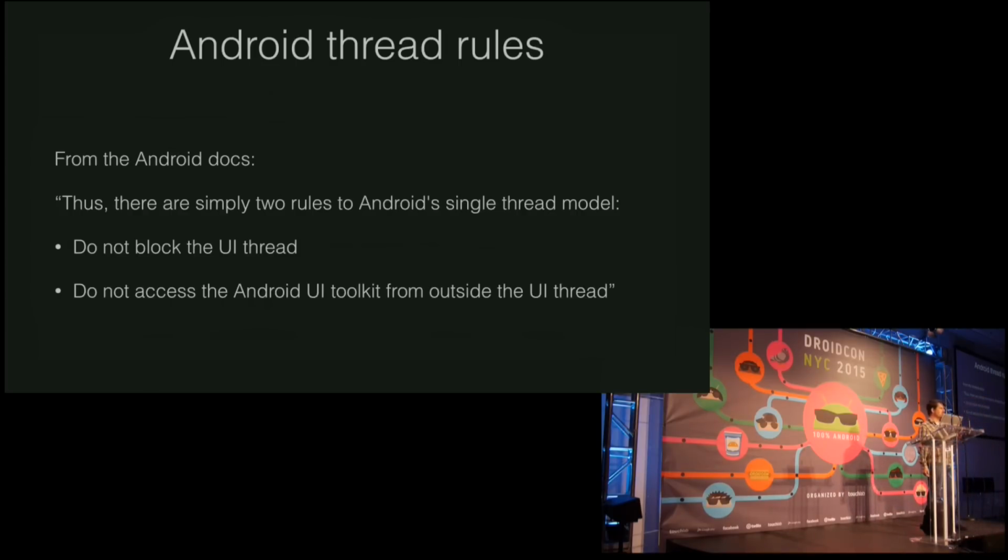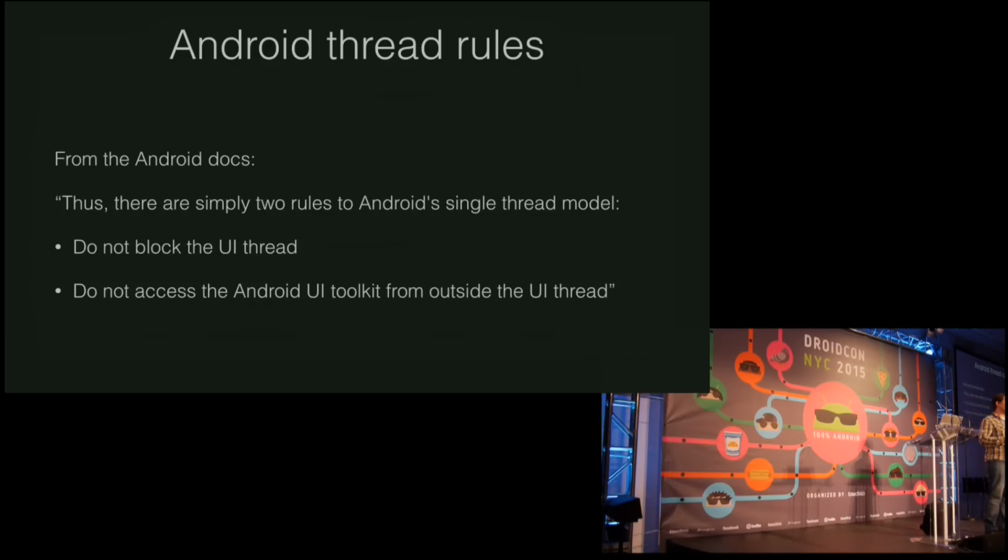Now, interestingly, I saw a talk yesterday from the Facebook guys about how they're doing screenshotting. And their solution is essentially to inflate things on the instrumentation thread, render them on the instrumentation thread, and send them to a file, which violates this rule. If you look at the view code, it actually works because the view code does, in certain paths, check what thread it's operating on and will throw exceptions if you try to call things on the wrong thread.